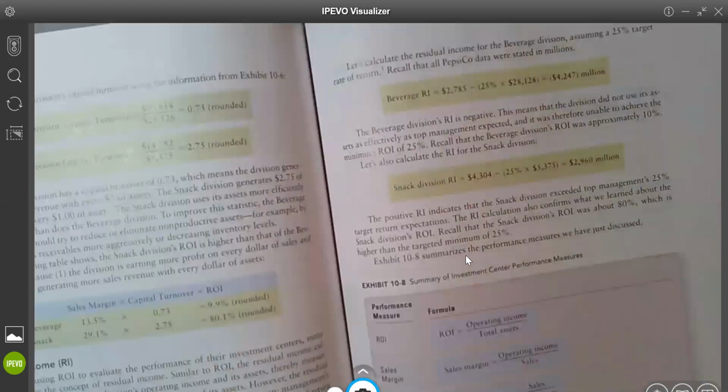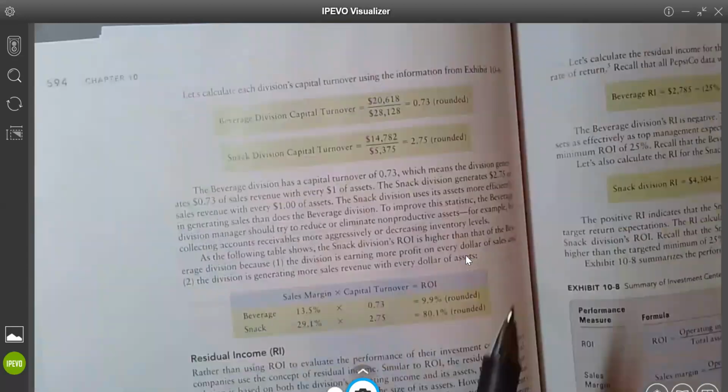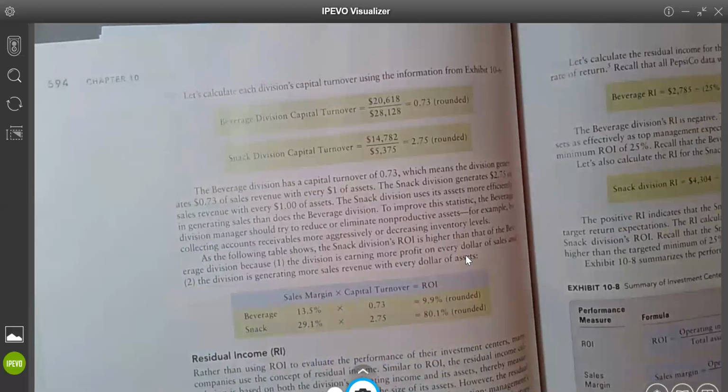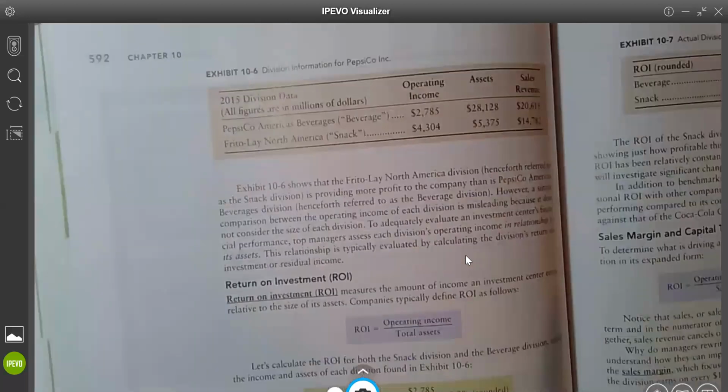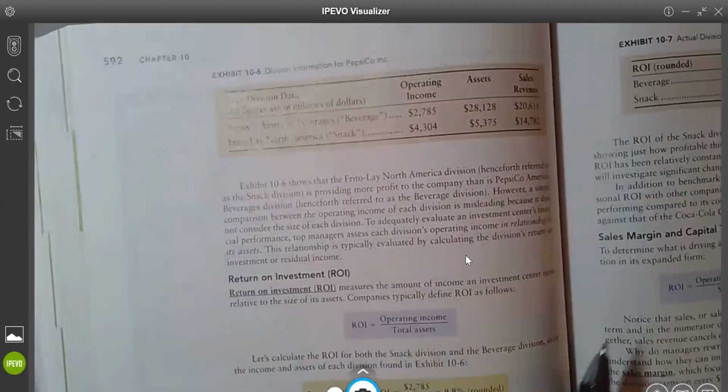But we also talked about residual income, but I didn't mention that on page 594, ROI actually equals these two multiplied together. The reason is, ROI equals operating income divided by total assets.